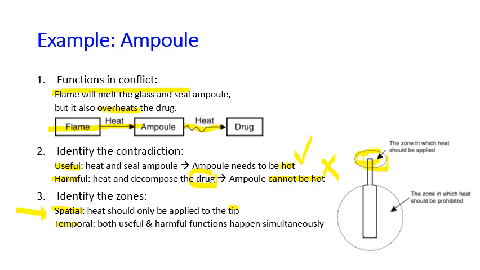From the temporal aspect, however, we cannot make a separation because both useful and harmful functions happen at the same time. So now we have identified that the contradiction may be separated in terms of space, because the top part must be hot, but the bottom part must not be hot.